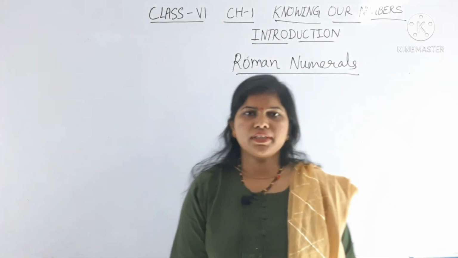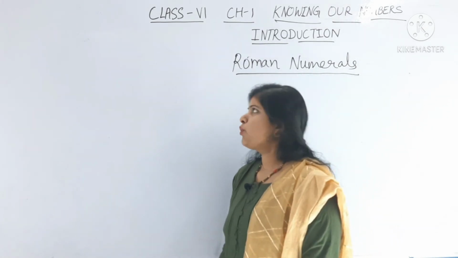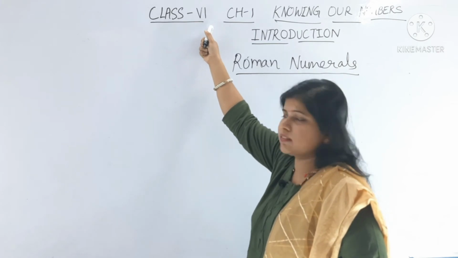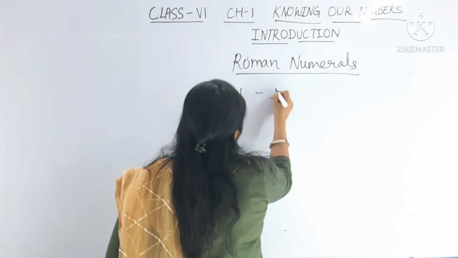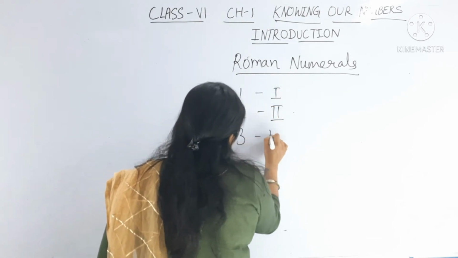Now, students, the next topic is Roman numerals. Okay, how will you write? Here also I will write in Roman, that is 6. For 1 you have to write like this. For 2 you write like this.